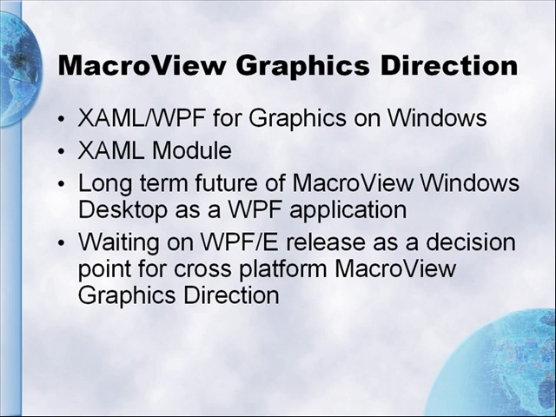Now, we've been watching .NET on Linux in terms of the Mono project, and that's coming along nicely, but it always lags the Windows scenario by 12 to 18 months, depending on the functionality area. So if this technology just stays on Windows, we'll stick with MacroView graphics on Windows being WPF, and on the Unix servers and Linux servers we're going to have to look for a different option.